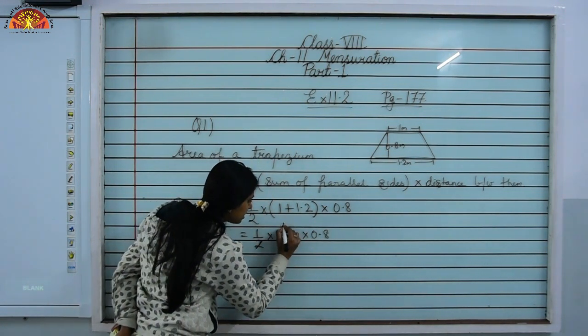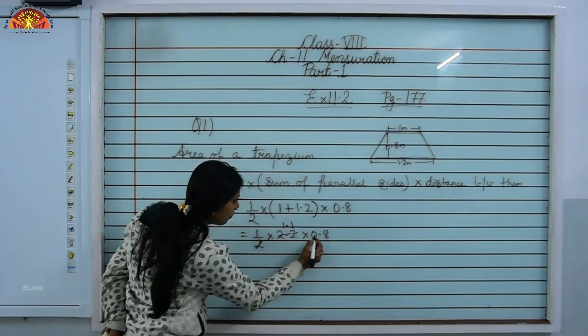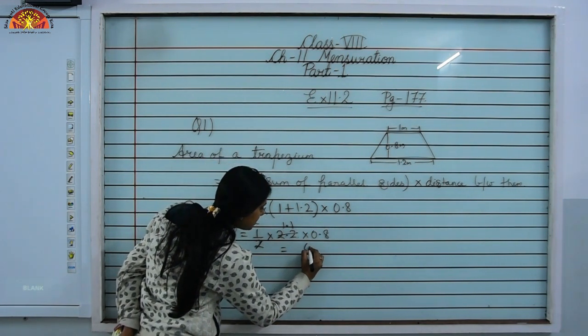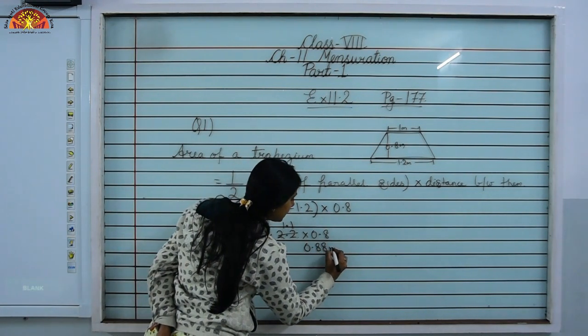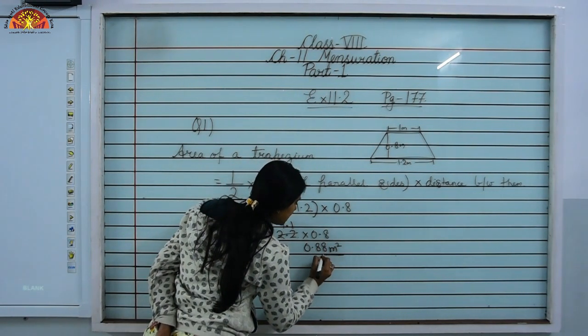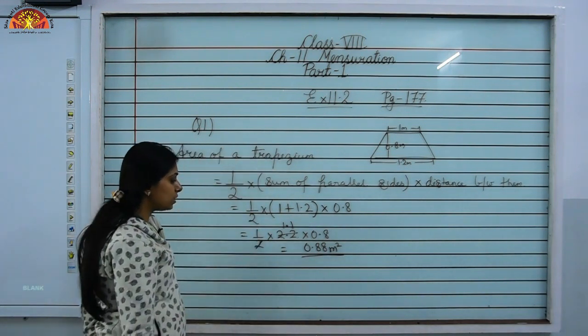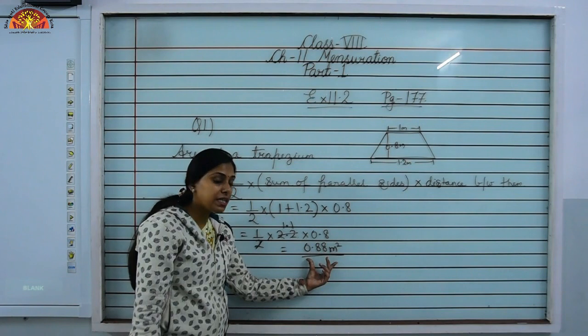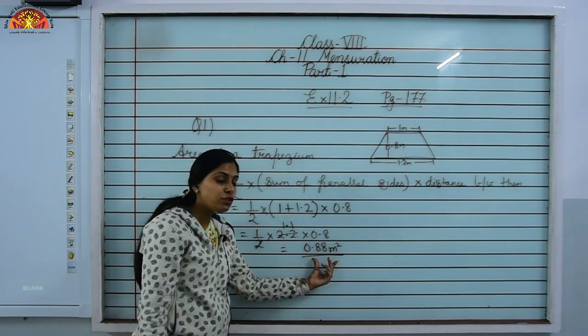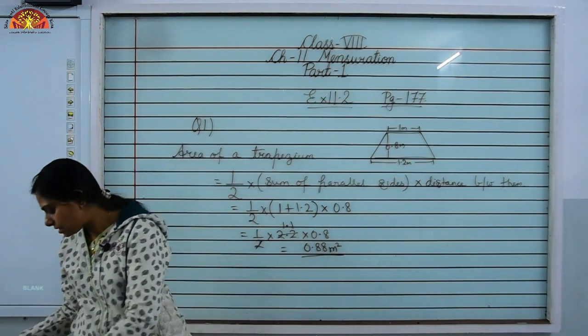So that is 1.1 into 0.8. So it comes out to be 0.88 meter square. Children, please be careful about the SI units. As you are calculating the area, so your answer should be in square units, that is 0.88 meter square.